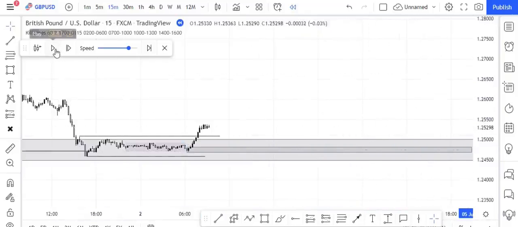We want to see that pattern, that double break of structure is what we want to see. There are two ways by which you can trade. You can have a sniper entry on the lower time frame. I'm going to show you the first way now, then I will show you the second way. So let's continue to play price.